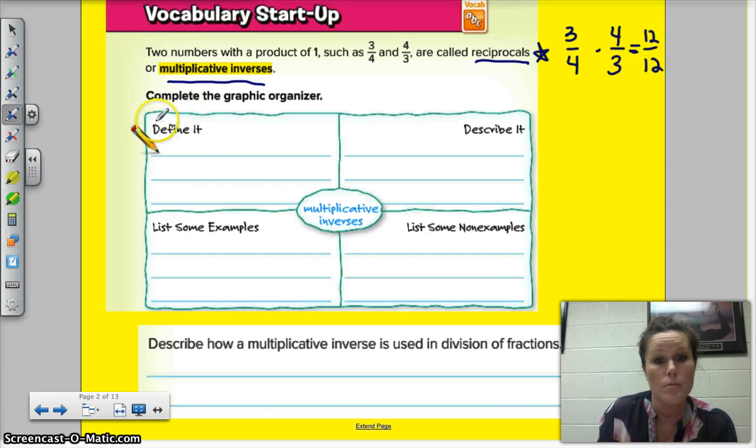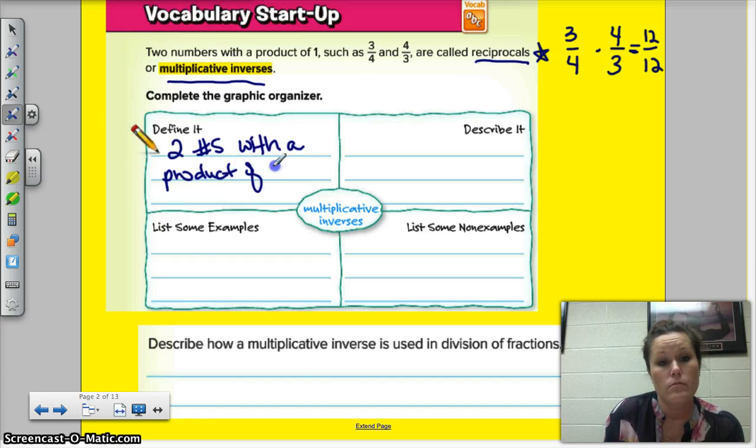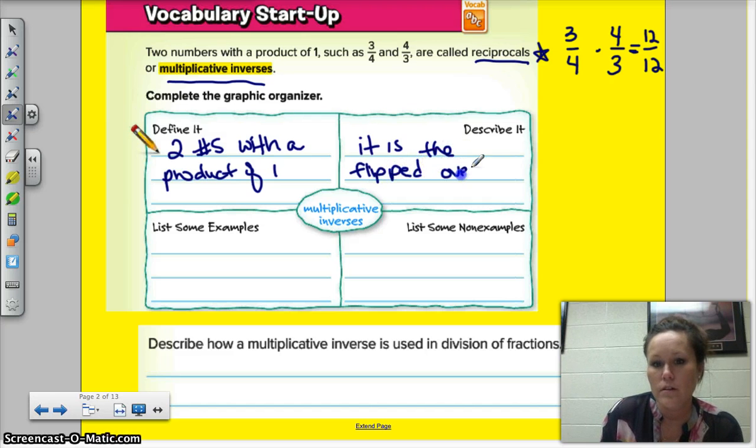So define it. Multiplicative inverse is two numbers with a product of 1. Describe it. It is the flipped over version of a fraction. Doesn't it look like I just flipped it over? List some examples.